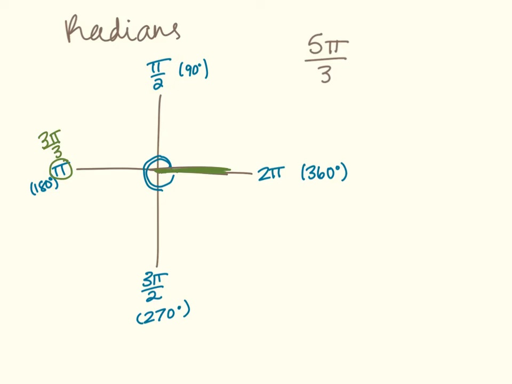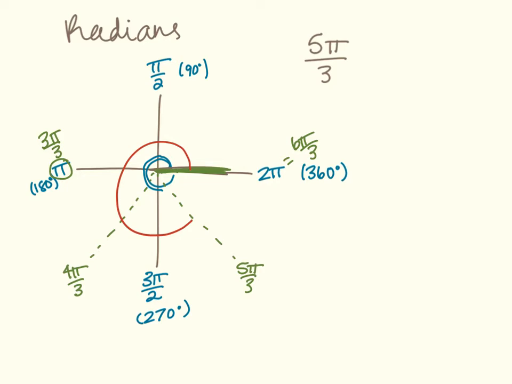We know 2 pi, let's change this to a fraction, is the same as saying 6 pi over 3. So if you think about dividing this half up into thirds, this third down here would be 4 pi over 3. This third over here would be 5 pi over 3.